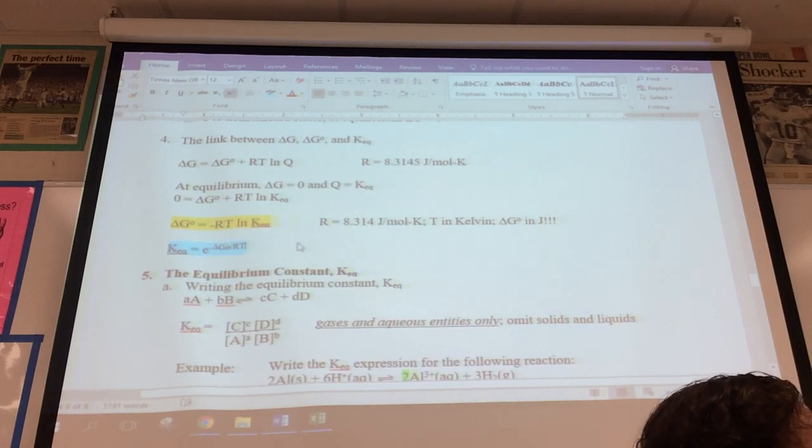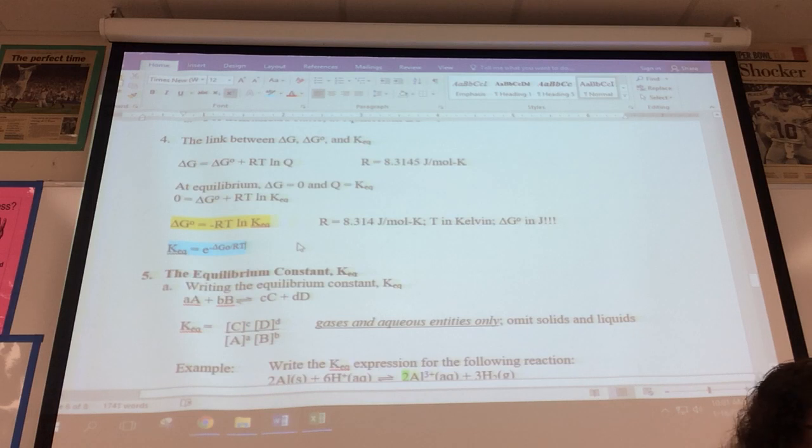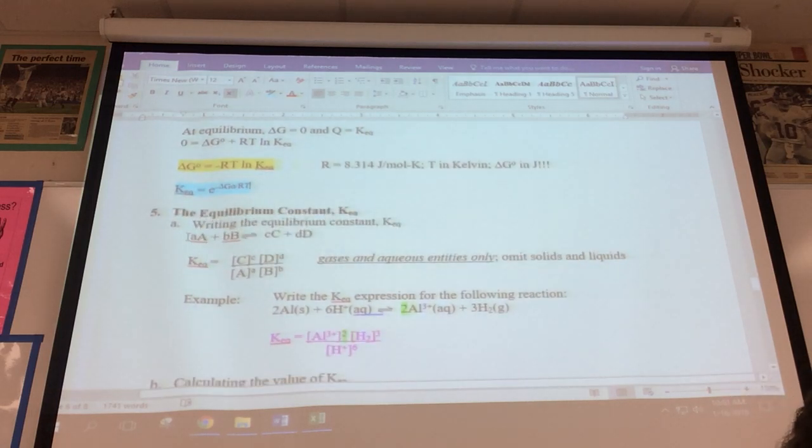For those of you unfamiliar with KEQ, it's really easy. When you write an equilibrium constant, let's say you have this generic chemical equation. KEQ is the product concentrations raised to their stoichiometric coefficients over the reactant concentrations raised to their stoichiometric coefficients.